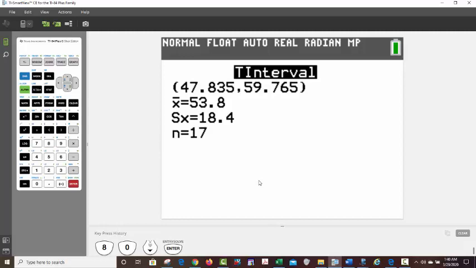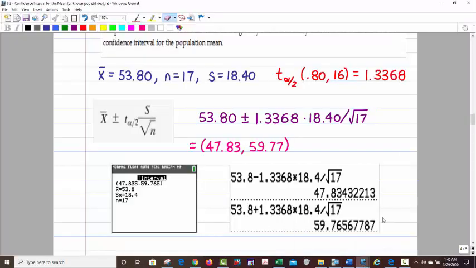So here's our output. That looks good. 47.84 to 59.77. Terrific.